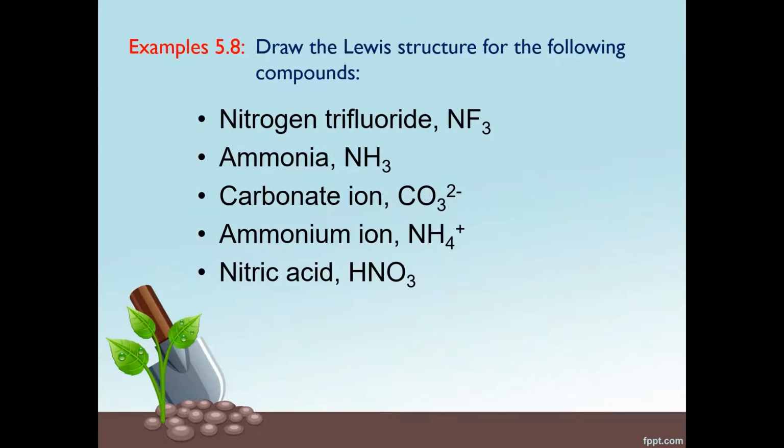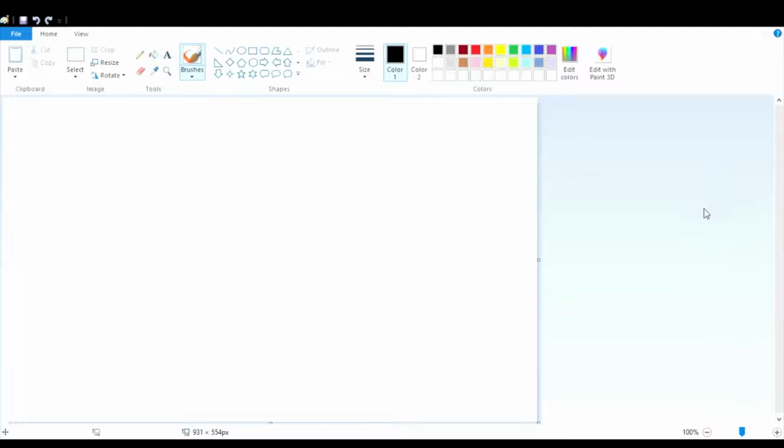For example 5.8, let's draw the Lewis structures for the following compounds, one by one. Okay, let's start with the first molecule. The first molecule is nitrogen trifluoride.